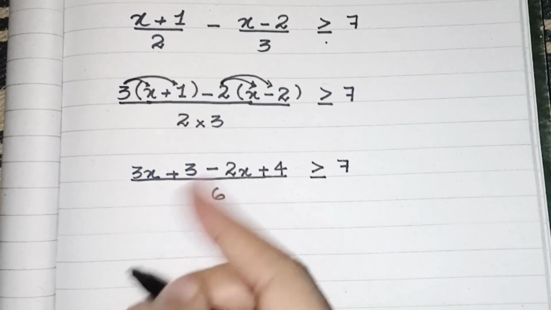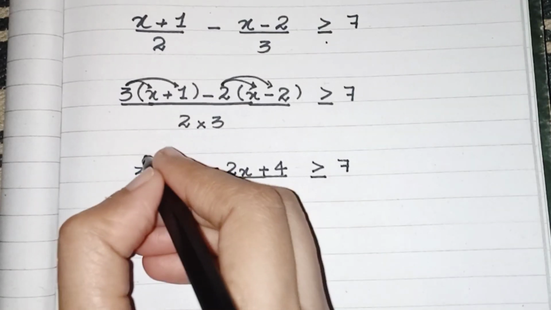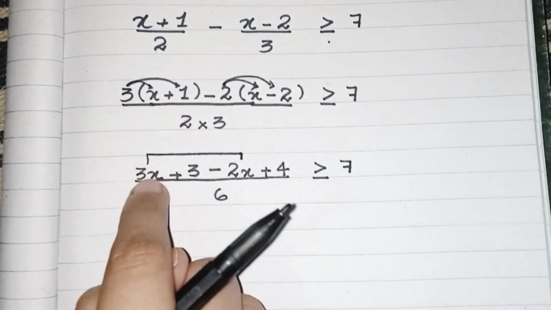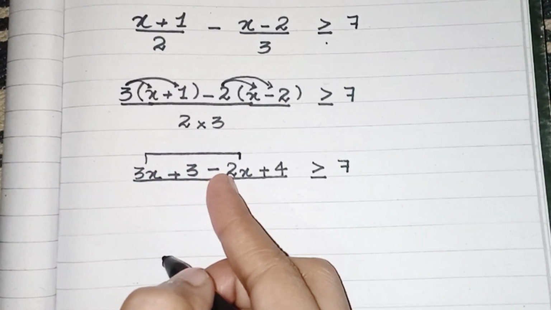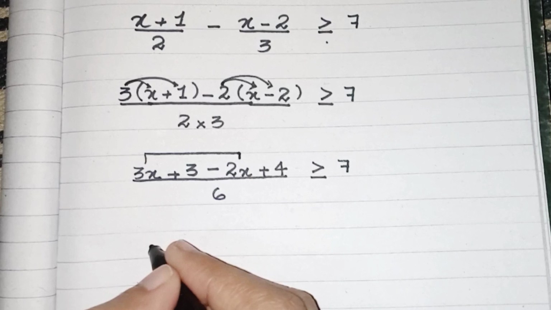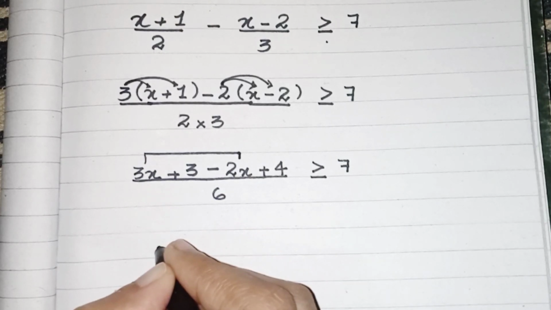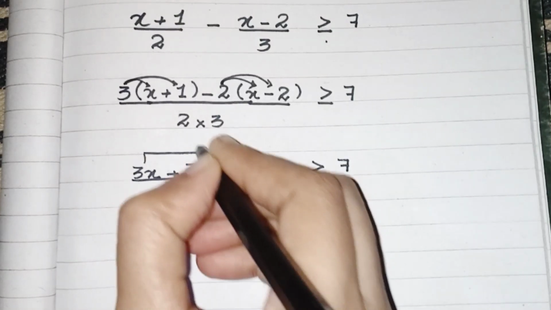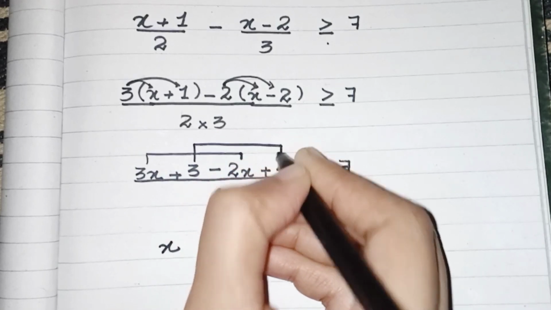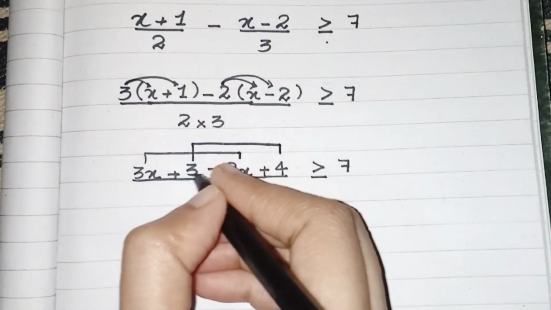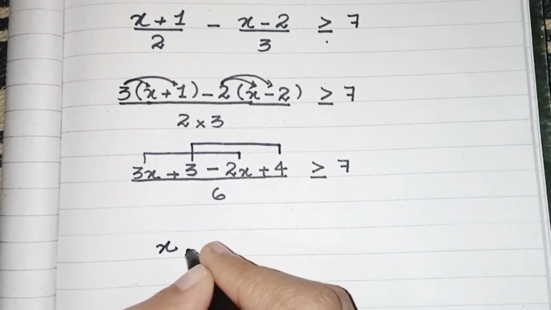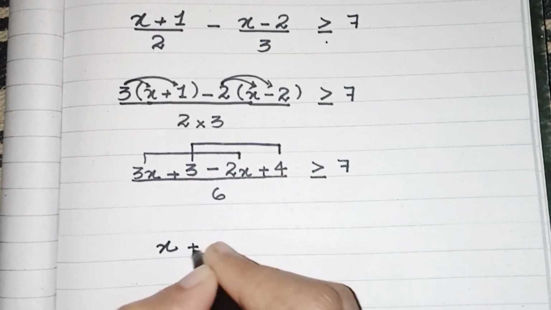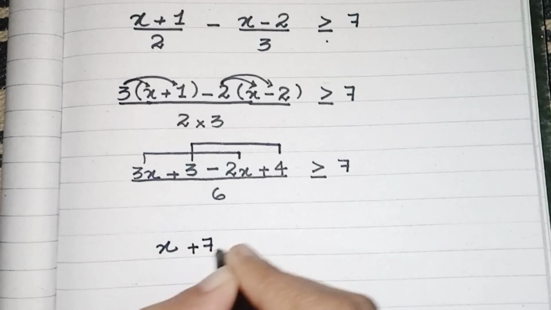Now we have to solve the like terms over here. 3x and 2x are both like terms, so 3x minus 2x will result in x. Now 3 and 4 are both constants and both have a plus sign, so plus 3 plus 4 will result in 7.